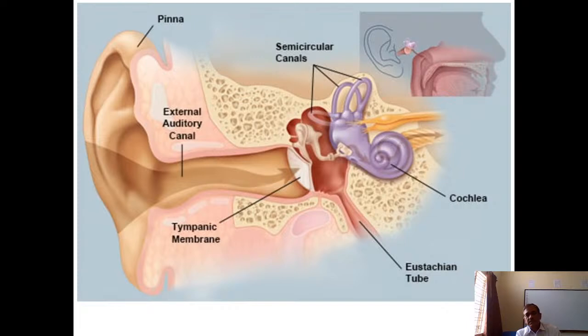Or if there is an injury or inflammatory process where the ossicles are destroyed and there is a discontinuity of the ossicles, the vibrations that vibrate the tympanic membrane cannot be transmitted into the inner ear because there is an ossicular discontinuity.